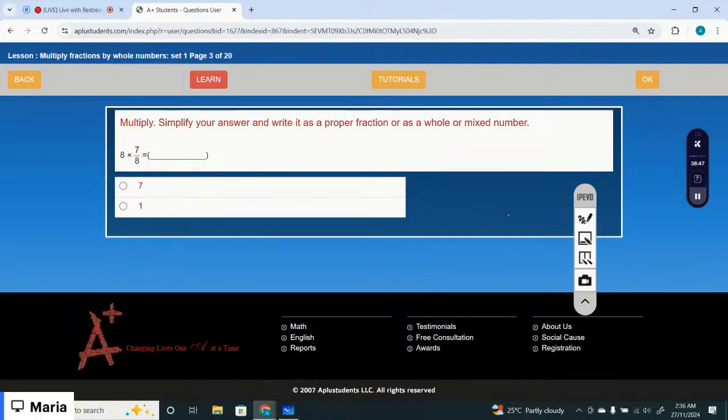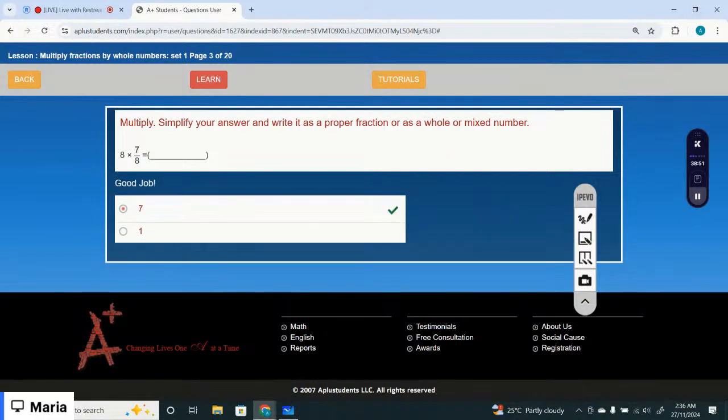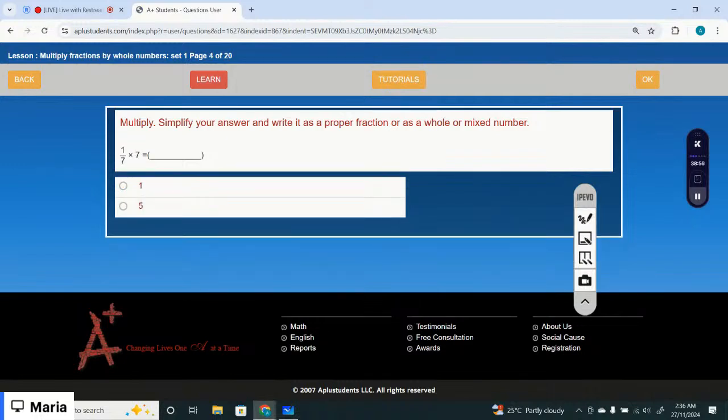That is 7. Option number 1 is the correct option because 8 and 8 cancel out. You are left with 7. 7 times 1 by 7, which is the correct option?